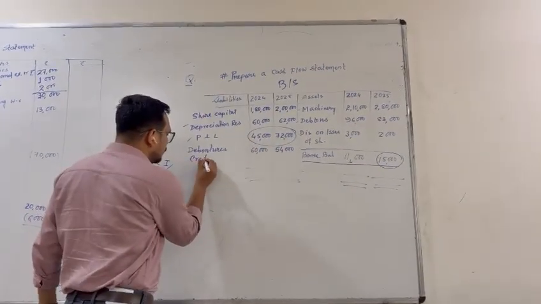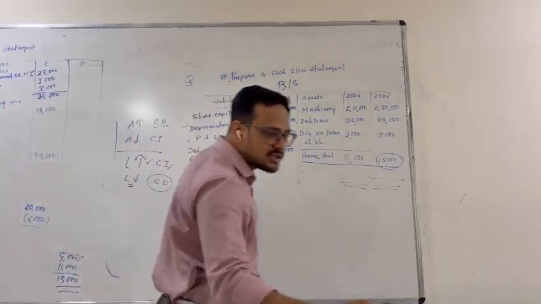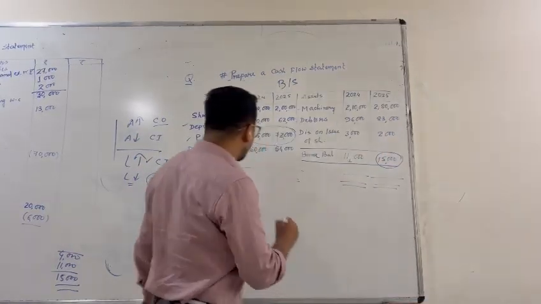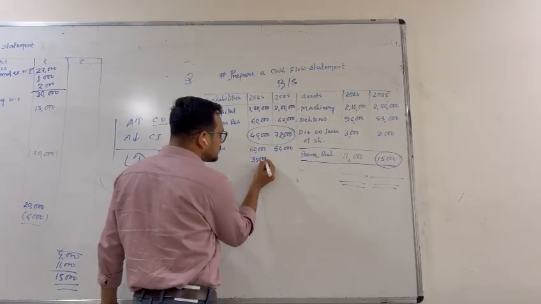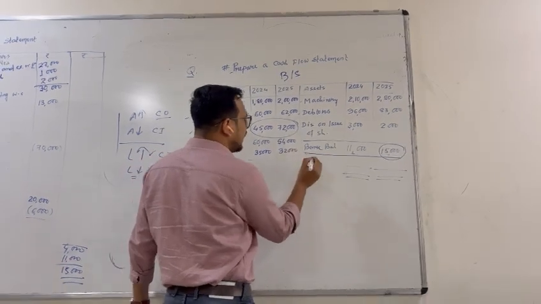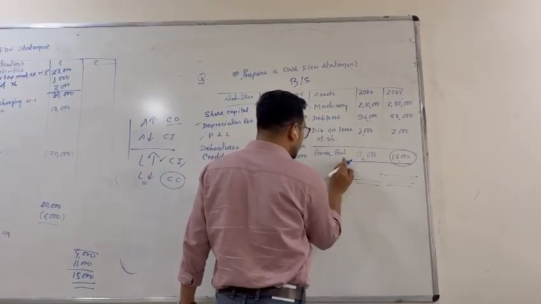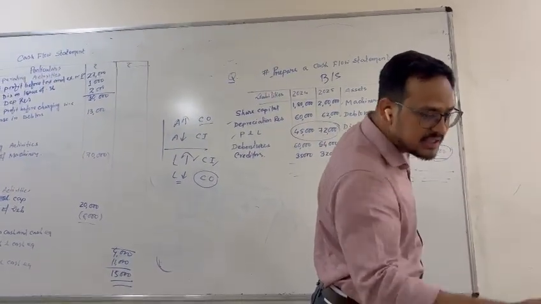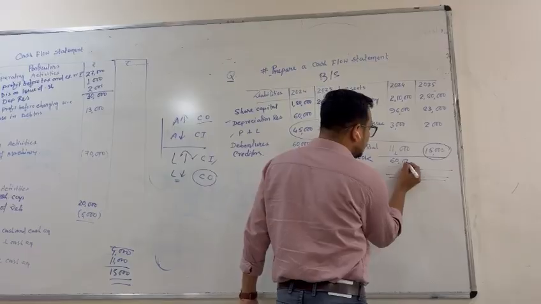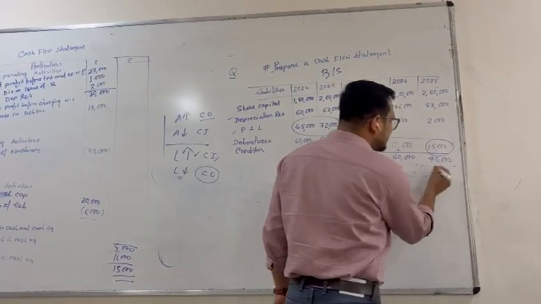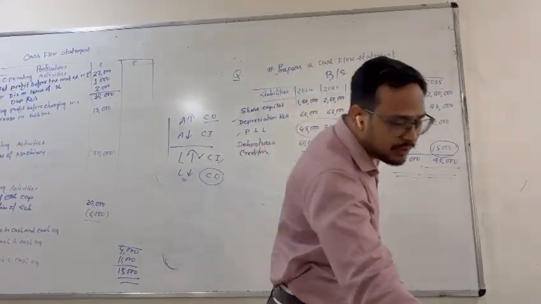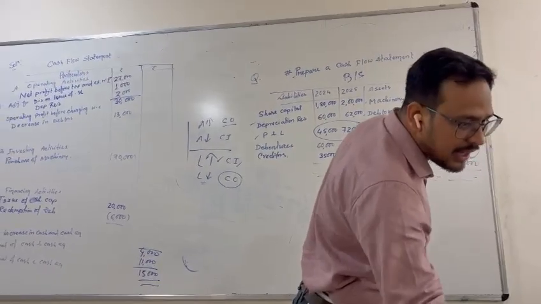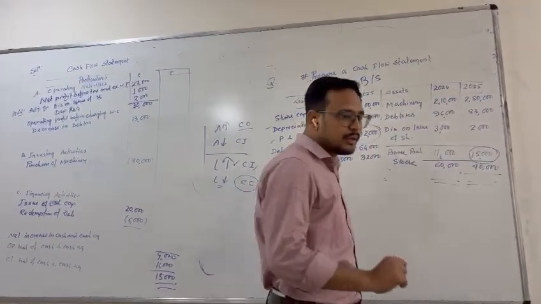Creditors balance 35,000, 32,000, and here you include the stock balance. Stock, 60,000, 40,000. We missed these two items, 60 and 40. So this our stock done.